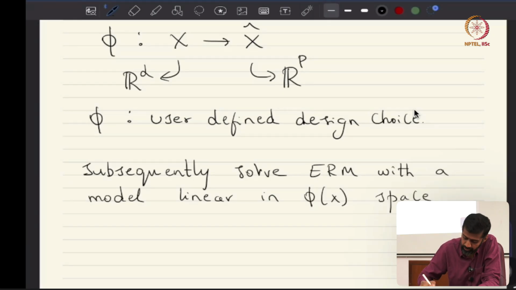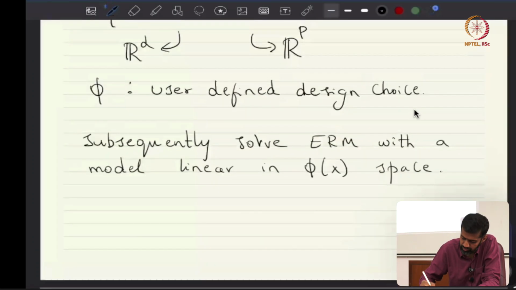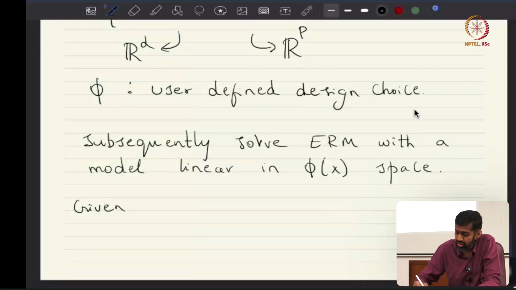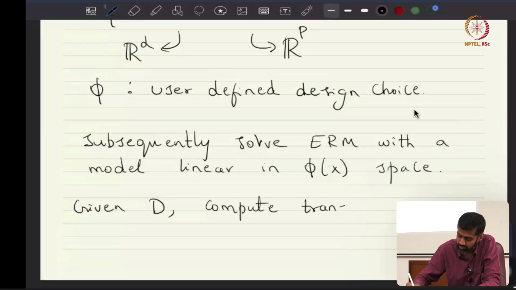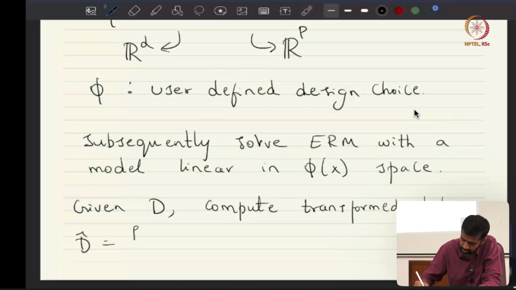What happens is, given D, compute the transformed data first, let us call it D cap, which is equal to phi of x comma yi.